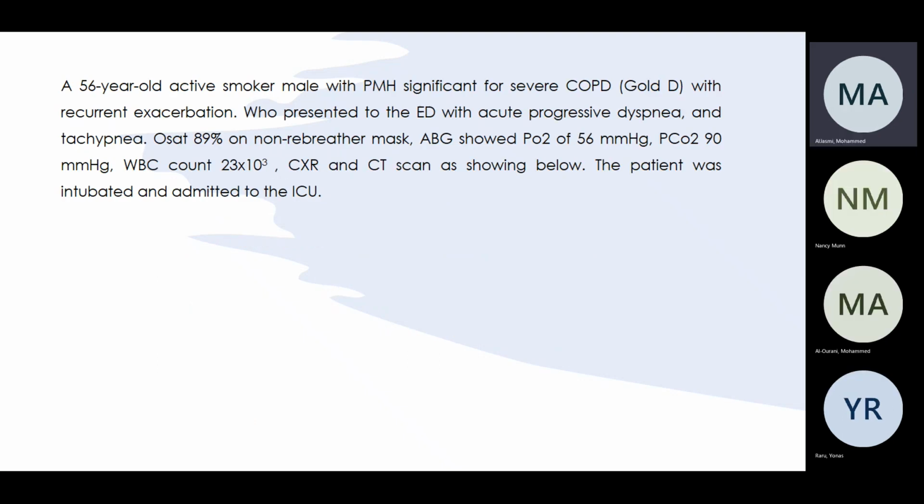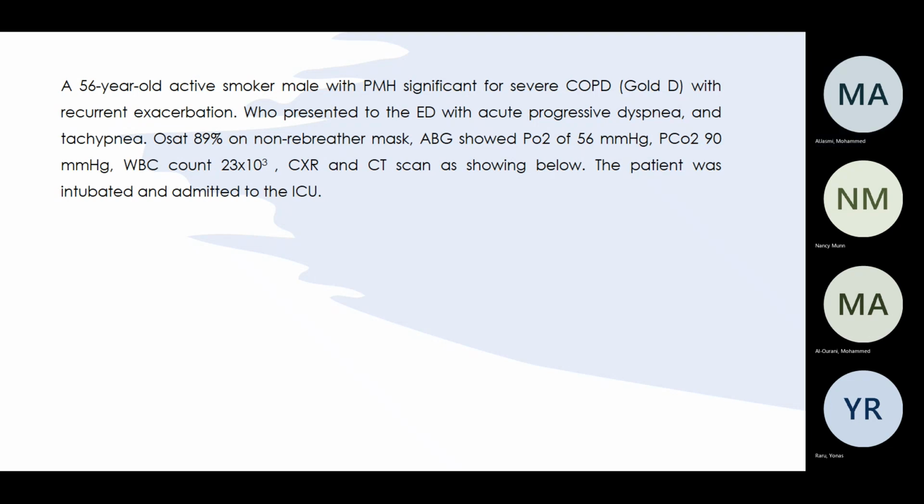So the case that we talked about in the first presentation was a 56-year-old male smoker with past medical history of severe COPD, Gold D, with recurrent exacerbations. He presented to the hospital because of symptoms and signs suggestive of COPD exacerbation and pneumonia. We found that he has severe acute hypoxic respiratory failure.